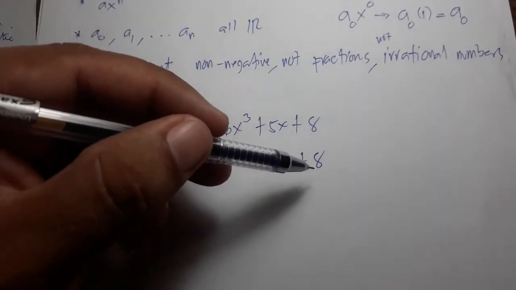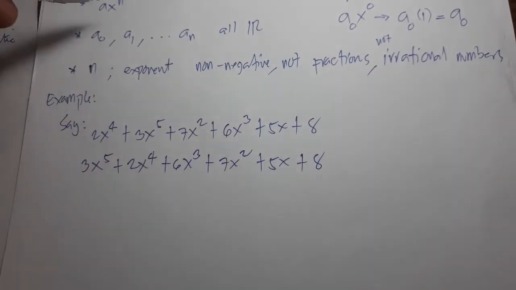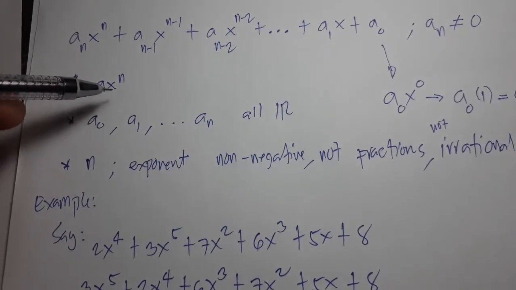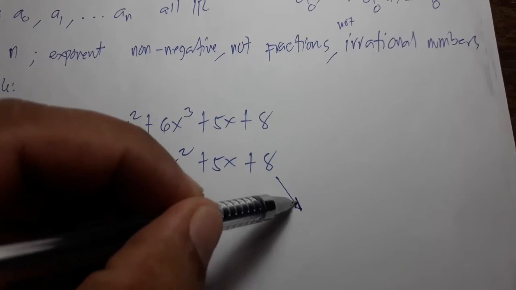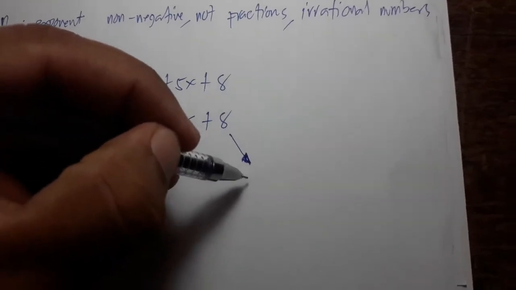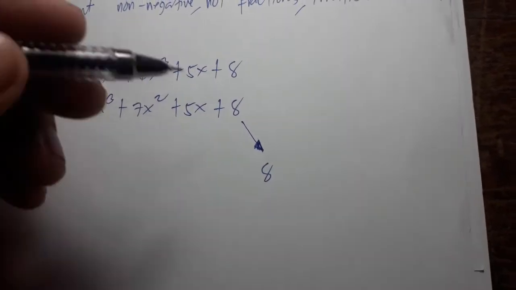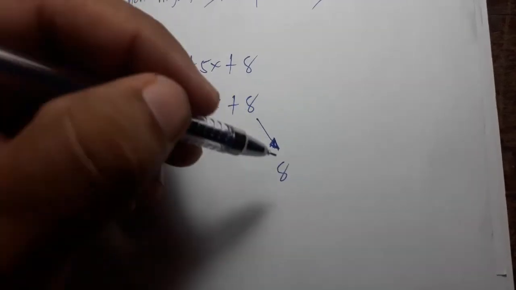So again, 8 can represent the form a x to the power of n by what? The same as I presented earlier, 8 can be presented like this: 8 times x to the power of 0, in order to use the variable x.